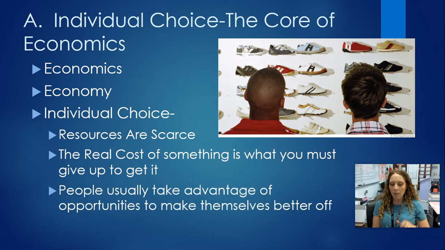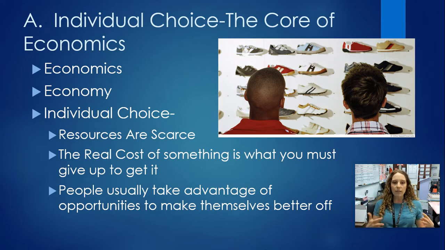And that has a name. We'll talk about that in just a second. We also have to operate under the notion that people typically act in their own self-interest, that we take advantage of opportunities to make ourselves better off. Now, it sounds like you're saying everybody's selfish, everybody just does what's best for them. Well, that's true. That doesn't necessarily mean that you would harm someone else, but we do things that are in our own self-interest.